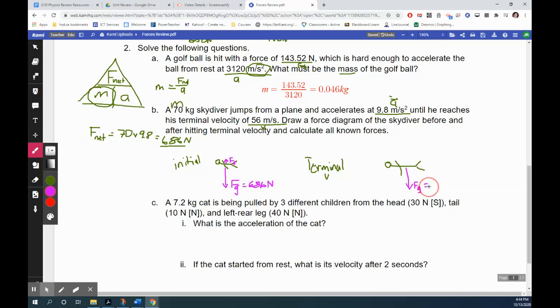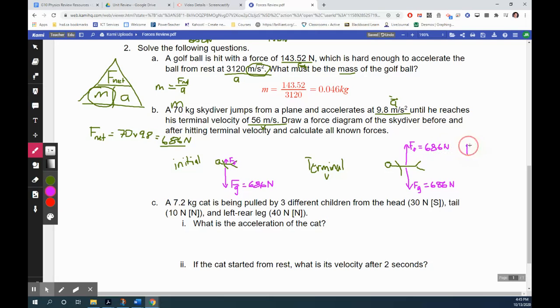It's still going to be 686 newtons, still applying on him. But the force of friction has also grown so much that it cancels out the force of gravity, so he no longer is accelerating. So the force of friction here is also going to be 686 newtons, but it's going to be up.